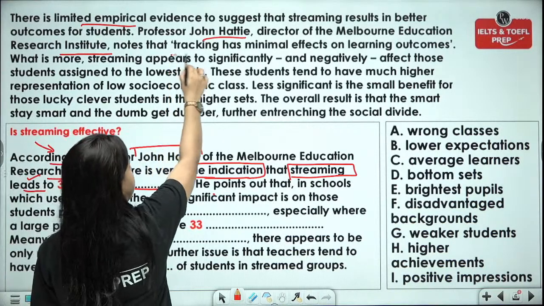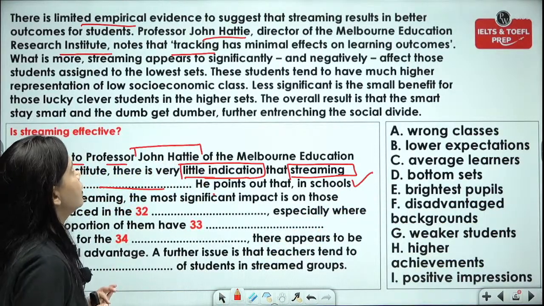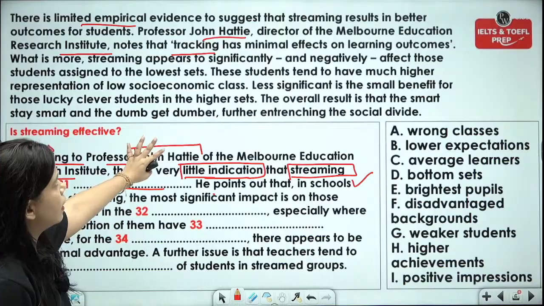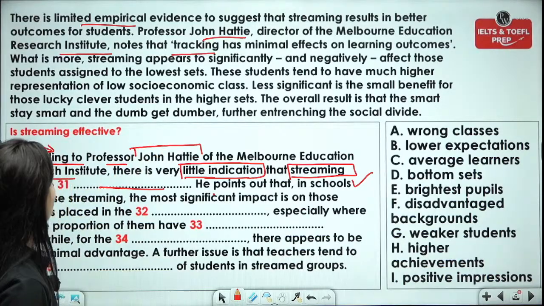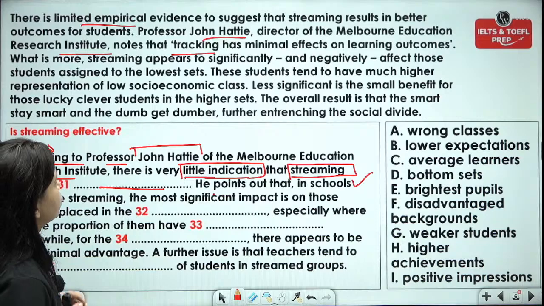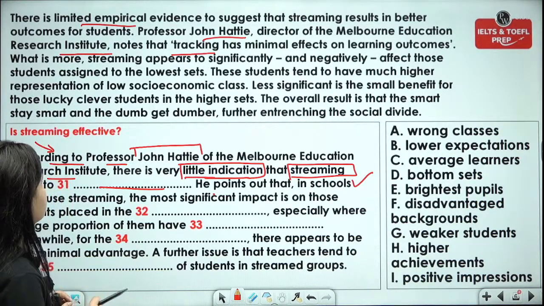Tracking and streaming are your synonyms. So he notes, who? John Hattie. He notes that tracking has minimal effects on learning outcomes. What is more, streaming appears to significantly and negatively affect those students assigned to lowest sets.